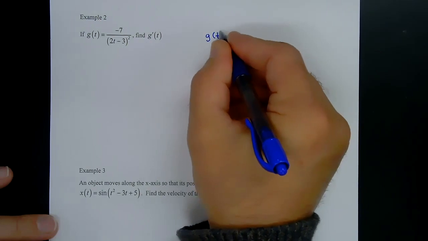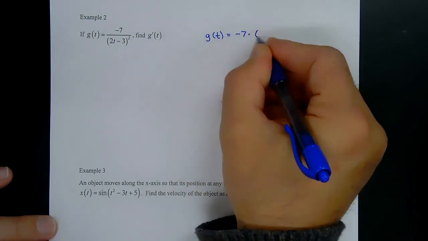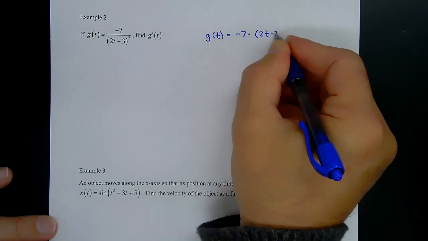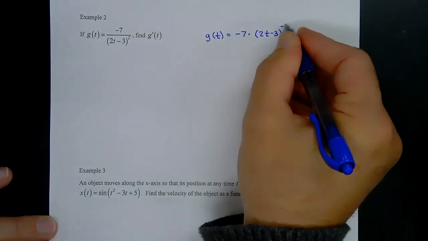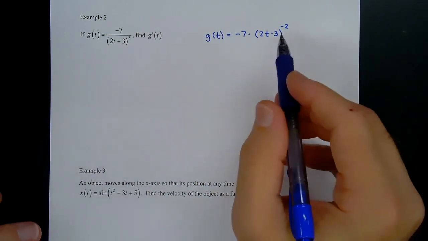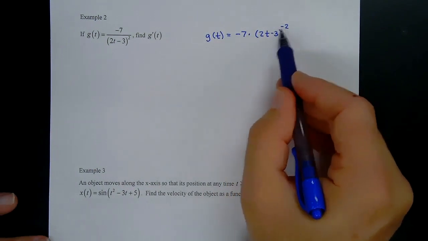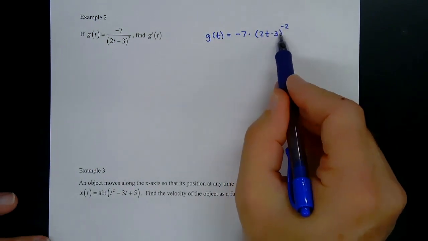So g of t becomes negative 7 times 2t minus 3 raised to the negative 2 power. So this outside function is really negative 7 times something raised to the negative 2 power. So this is my inside function right now.